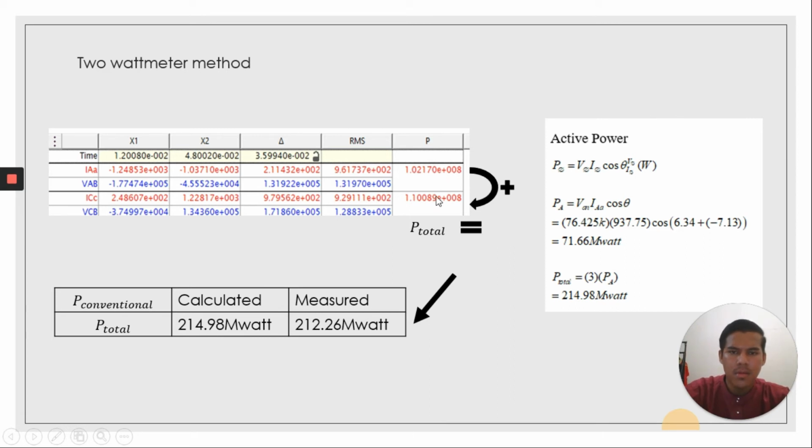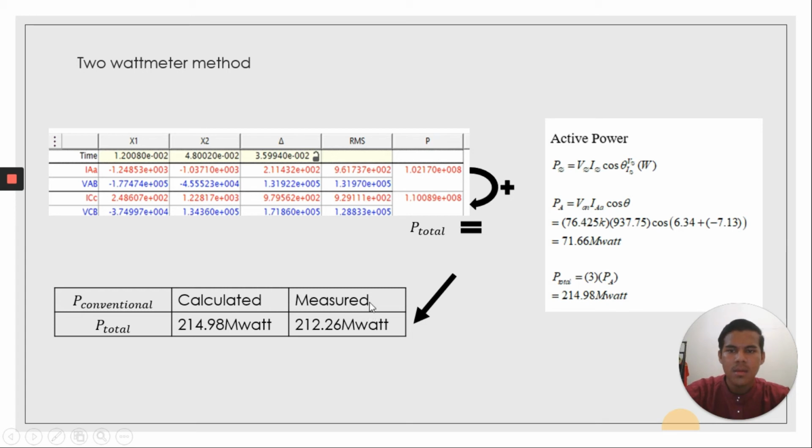This is the measurement that I get from the simulation. We have to add both, and this is the P total of the active power of the simulation.